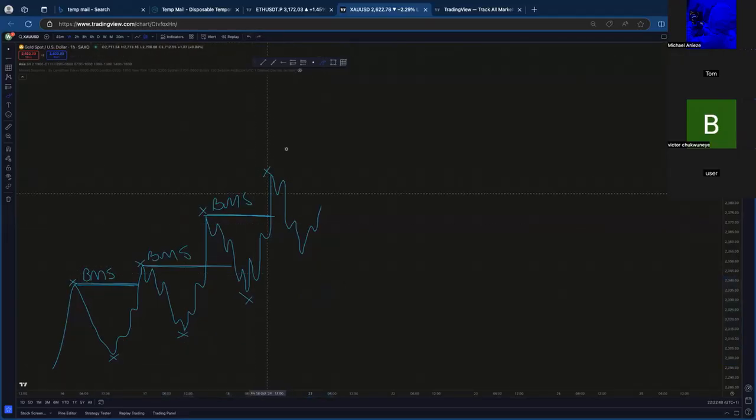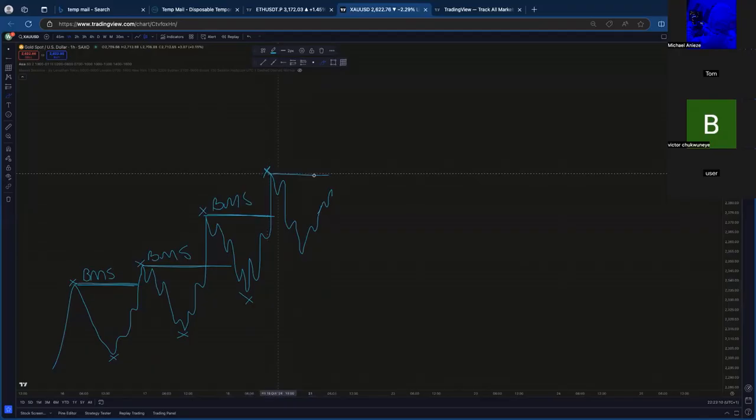Now, price creates what? A swing high, right? So this swing high holds somewhere here. Let's say this swing high tries to hold somewhere here and then is moving, but fails to do what? To take out this swing high.